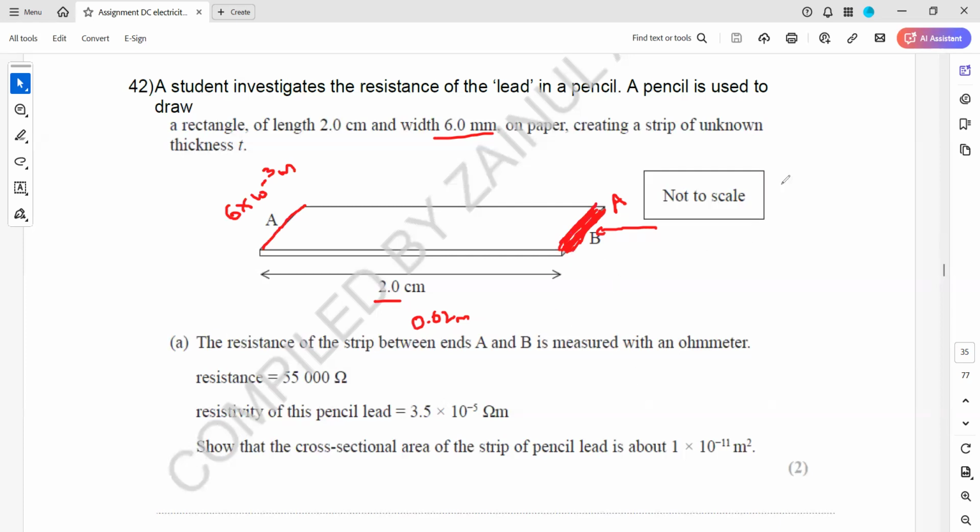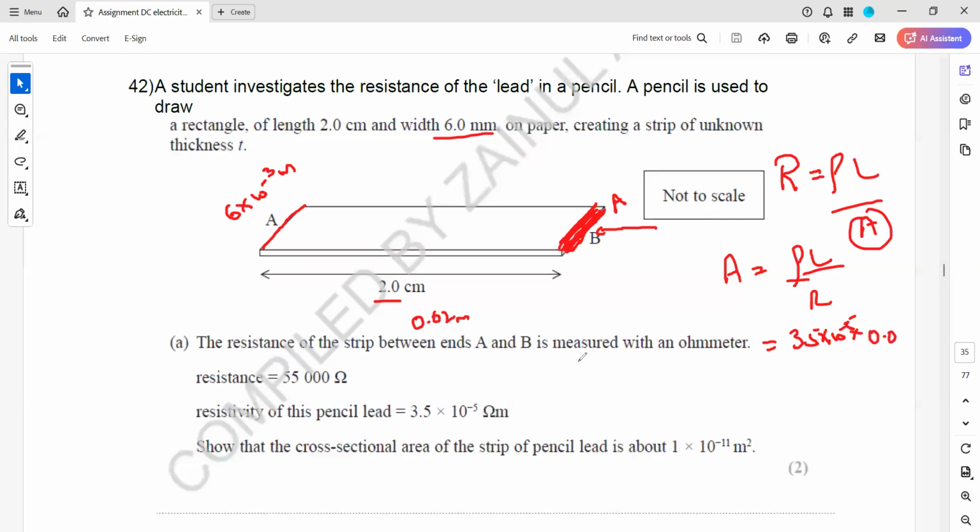So if you need the cross-sectional area, you'll use the formula R = ρL/A. You need A, so the cross-sectional area will be equal to ρL divided by R, where ρ is the resistivity, that is 3.5 × 10^-5. L is the length, from A to B, 0.02, divided by 55,000.